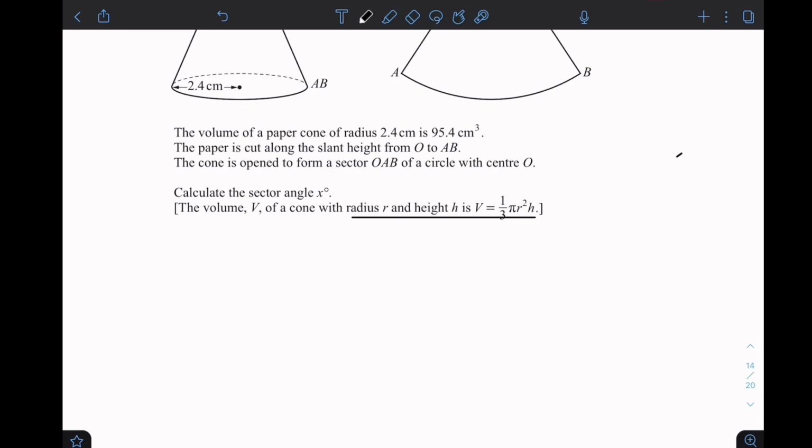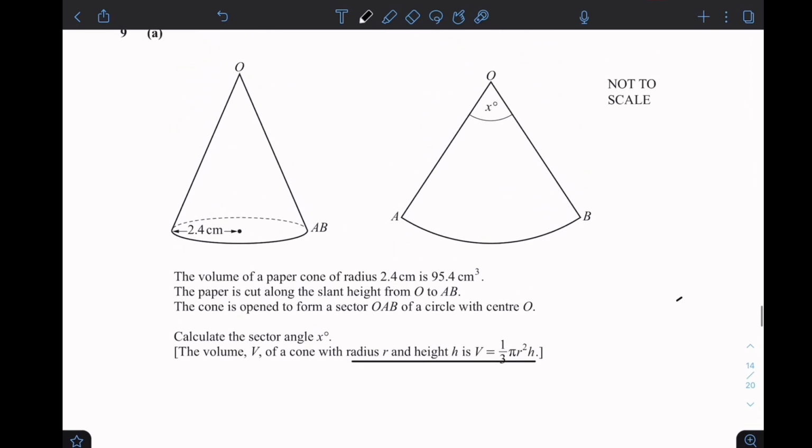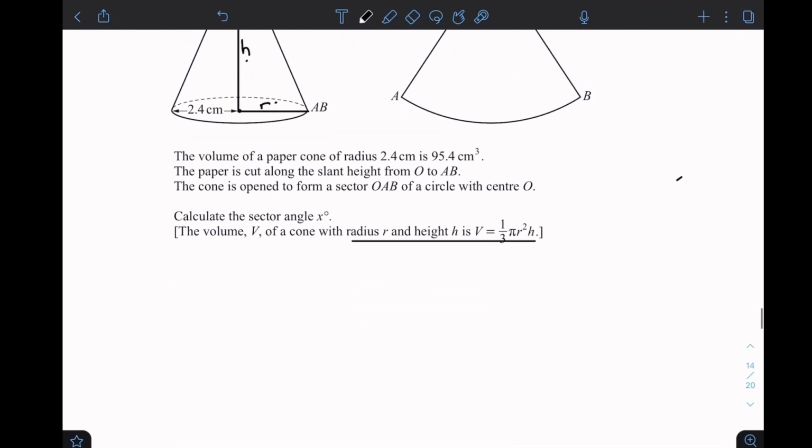So we can calculate the slant height by doing r squared plus h squared and taking the root, because a cone is basically a triangle with a circle. This is the r, this is the height, so h squared plus r squared gives the slant height using Pythagoras theorem. So first we need to calculate the height.